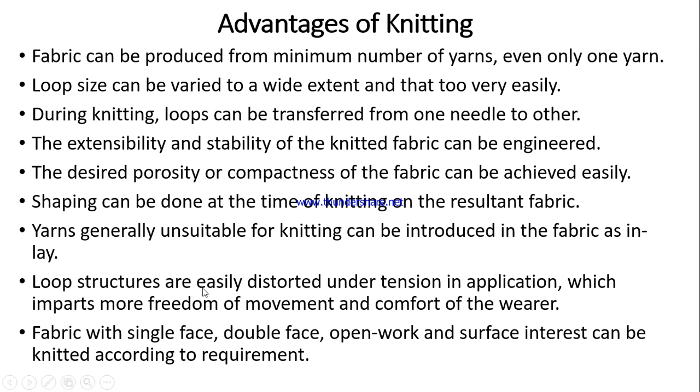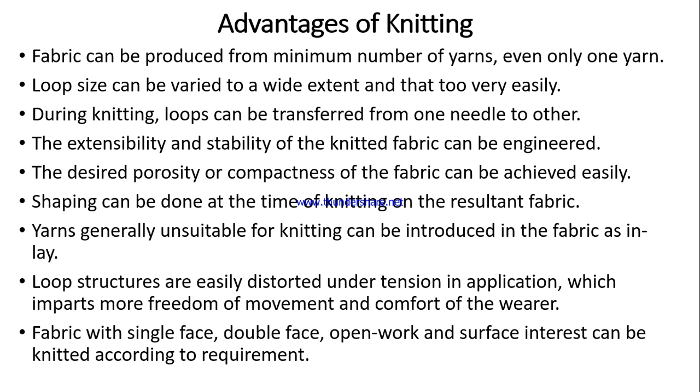The loop structures are easily distorted under tension in application, which imparts more freedom of movement and comfort to the wearer. So if there are loops only in the structure, the loops are actually loosely intermeshed. That's why the loops are easily distorted when you apply tension during wearing. Okay, so that makes it very easy for the wearer to wear the fabric.